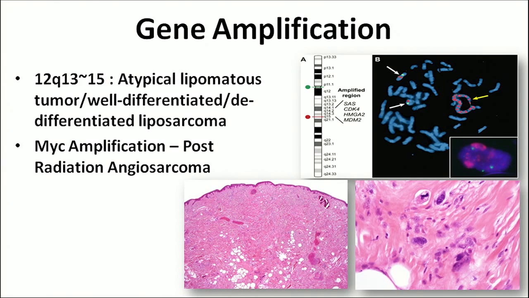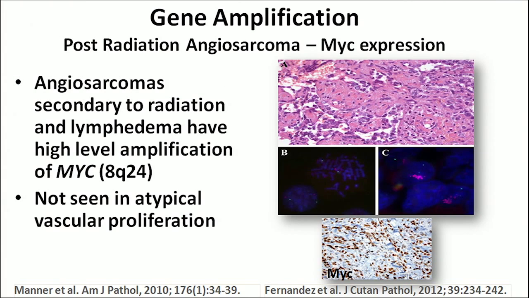And then finally, the last genetic category that's fairly common is gene amplification, particularly characteristic of the atypical lipomatous tumor and well-differentiated liposarcoma category, where the major gene that's amplified is MDM2 and sometimes also CDK4. In fact, there's a really good article coming out in the next couple of months. I think it's already online, just discussing the clinical correlates of those in liposarcomas.